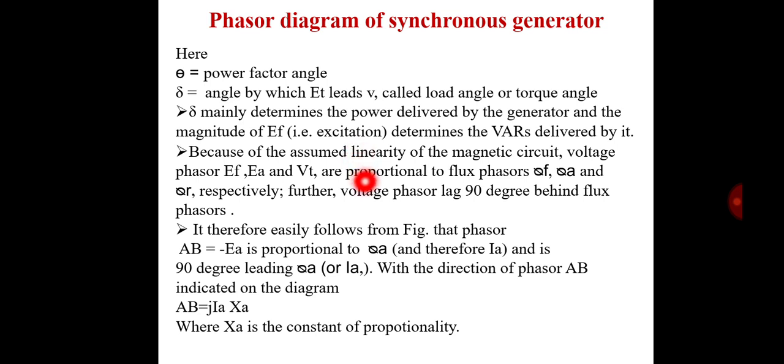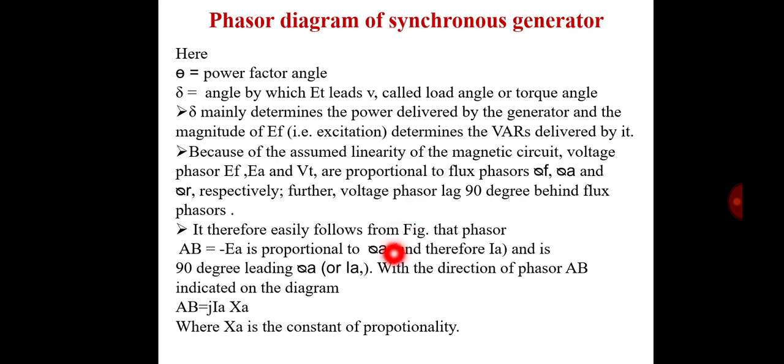Because of the assumed linearity of the magnetic circuit, voltage phasors EF, EA and Vt are proportional to flux phasors: EF proportional to phi F, EA proportional to phi A, and Vt proportional to phi R. Further, voltage phasors lag 90 degrees behind flux phasors.